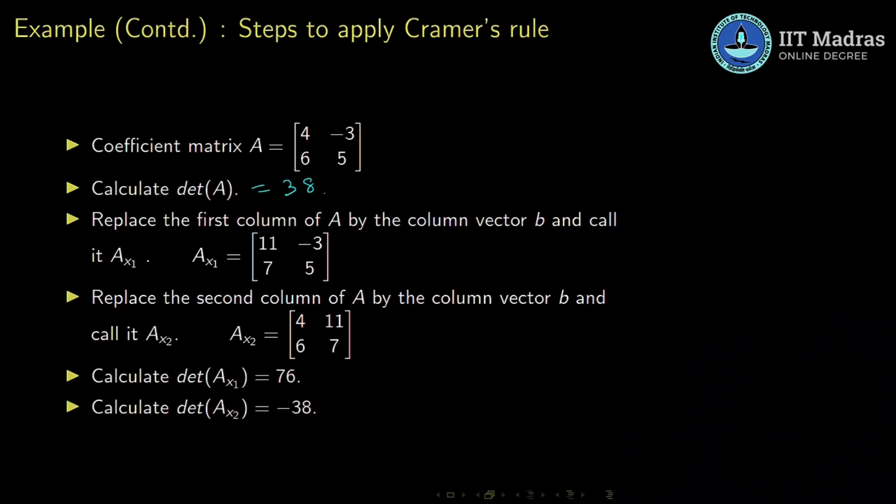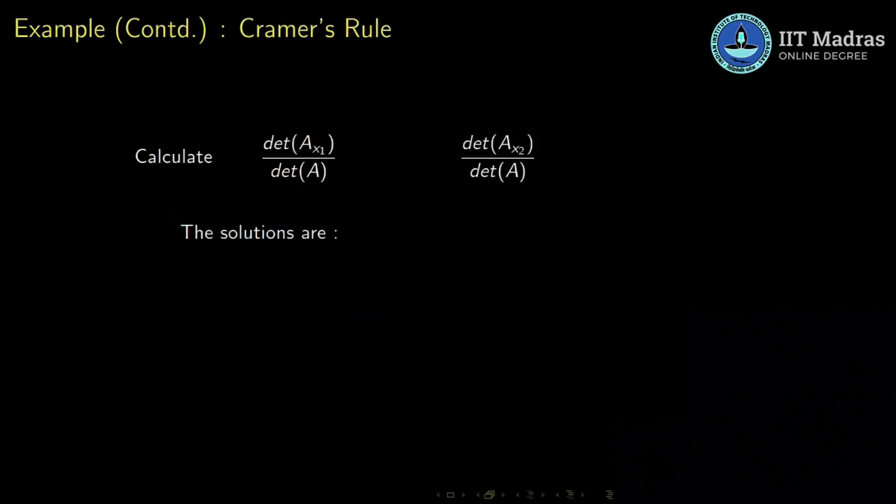Okay. So, now what do we do? Cramer's rule will say, let us calculate the determinant of A subscript x1 divided by the determinant of A, and the determinant of A subscript x2 divided by the determinant of A. So, let us do that. This is 76 by 38, and this is minus 38 by 38, and these are exactly the solutions.